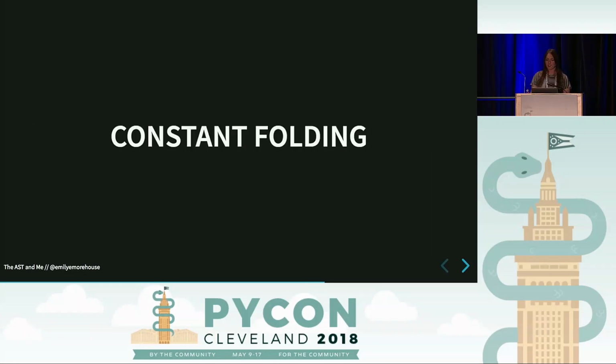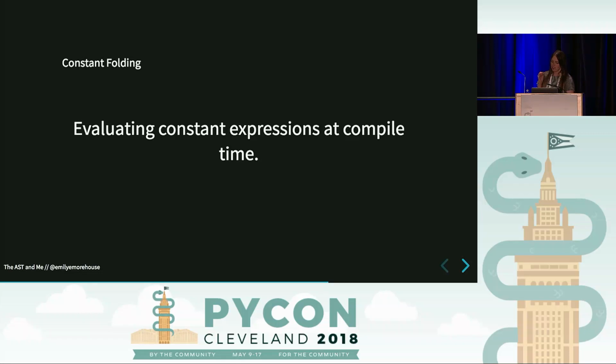All right, so constant folding. Evaluating constant expressions at compile time. Constant folding is just the process of recognizing these expressions and computing them at compile time as opposed to at runtime. Terms in these constant expressions are typically simple literals, such as the integer literal 2, but they also might be variables whose values are known at compile time.